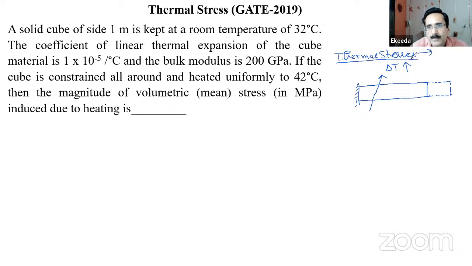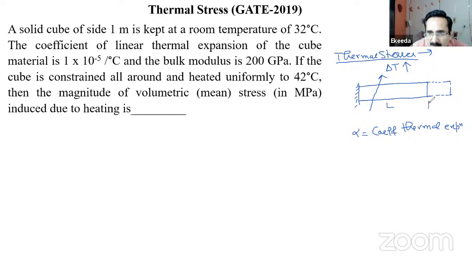There is a body, a bar, whose temperature is increased by delta T, right? Now, suppose it has a length of L, and alpha is the coefficient of thermal expansion of this body.